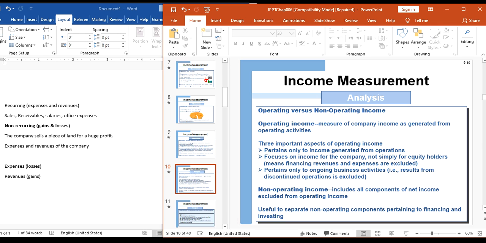When the company goes to borrow money from a bank or issues a bond to the financial market, people are looking at the income statement of this company, how they are doing well. So they are not expecting to see non-operating incomes in the income statement, net income. And the same for investing.